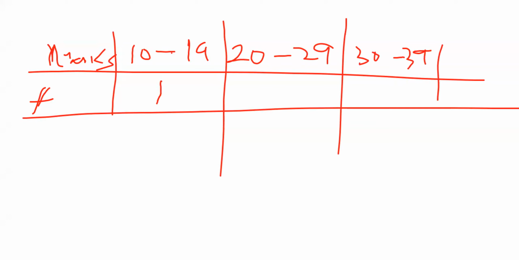The next one is 20 to 29, and the frequency is 3. The other one is 30 to 39, the frequency is 7.